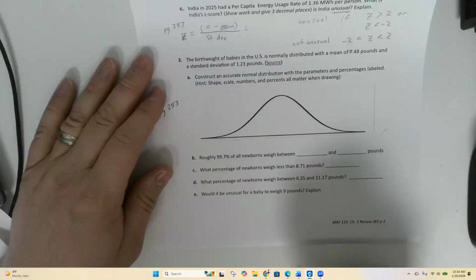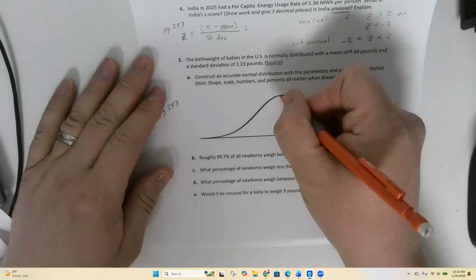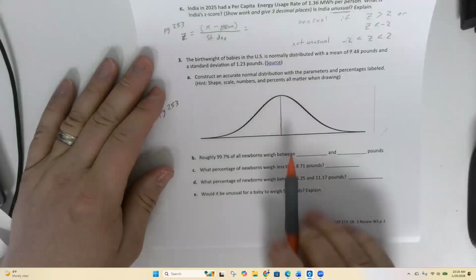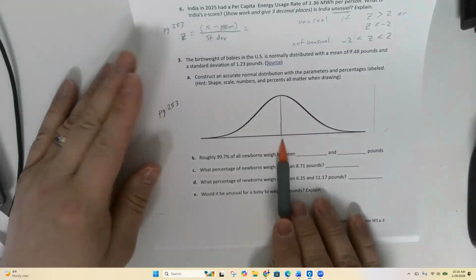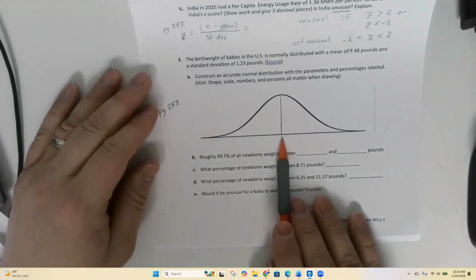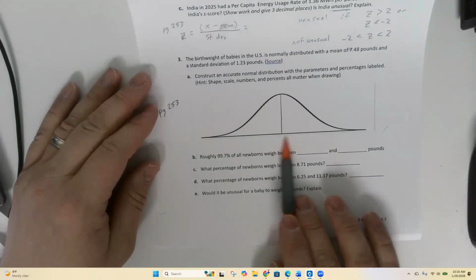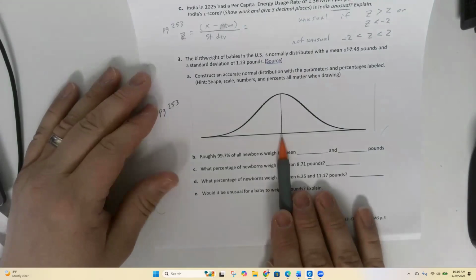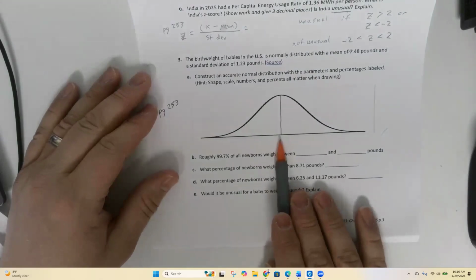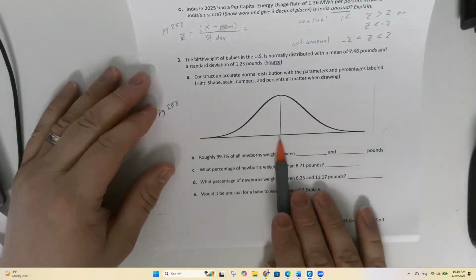So right here in the middle, this is the mean. It's also the median, and it's also the mode. When you have a normally distributed, very symmetric distribution, the mean, median, and mode are all the same number. It's only when things are skewed that we say the median's a better choice.